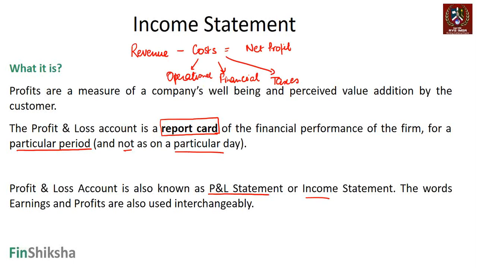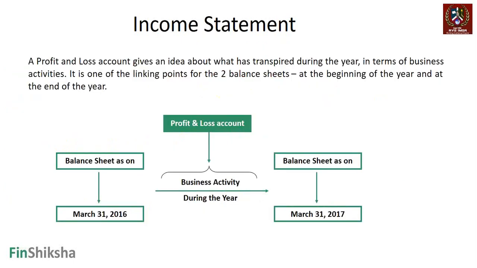Now, typically, we said that the balance sheet is as on a date, and there's another balance sheet as on another date. Let's say this is balance sheet 1 and this is balance sheet 2. In going from point B1 to B2, the company will undertake some business activity during the year.